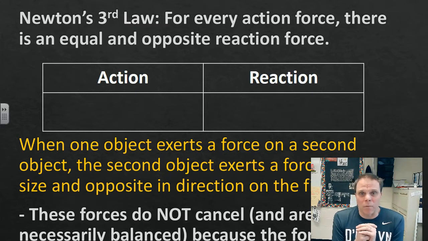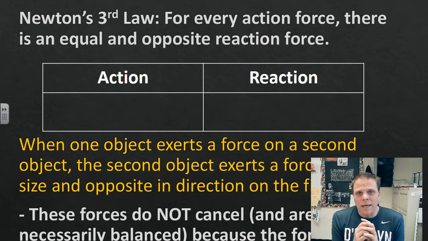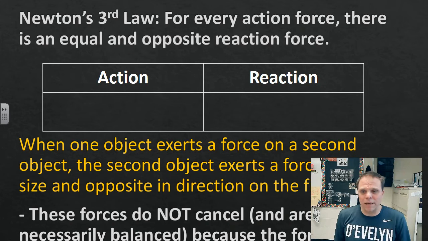So if you think about a rocket, for instance, or how about a balloon? Let's just start with something a little bit easier. If you're blowing up a balloon and you let that balloon start to get itself deflated, well, what is the action force in that case?